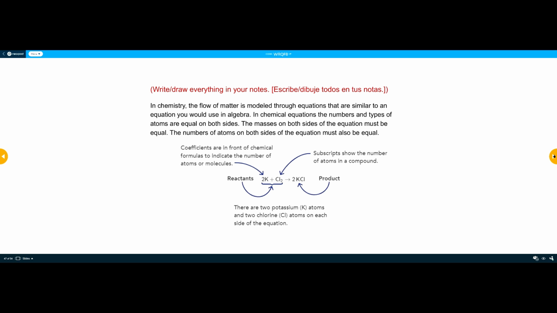The lower number 2, which is kind of the opposite of an exponent, called a subscript, is where you indicate how many atoms there are in one group of that compound.